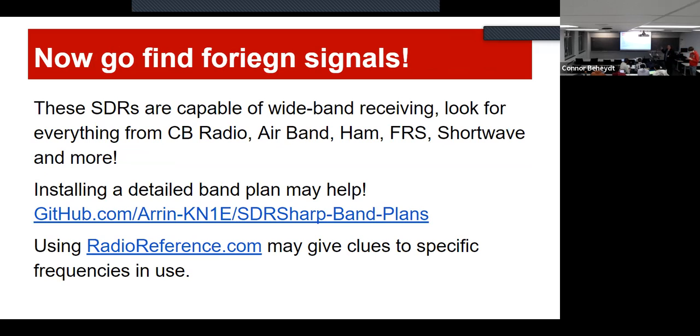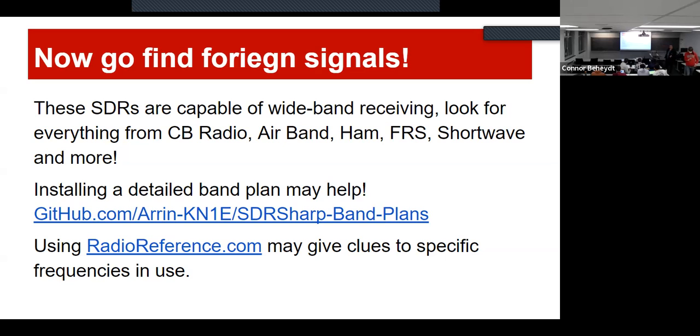So like Columbus City Schools has their bus route systems and walkie-talkies. If they're on the business radio, that's registered with the FCC, and RadioReference will actually tell you what that is.